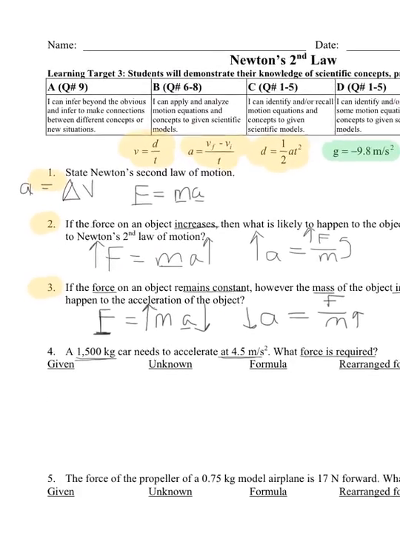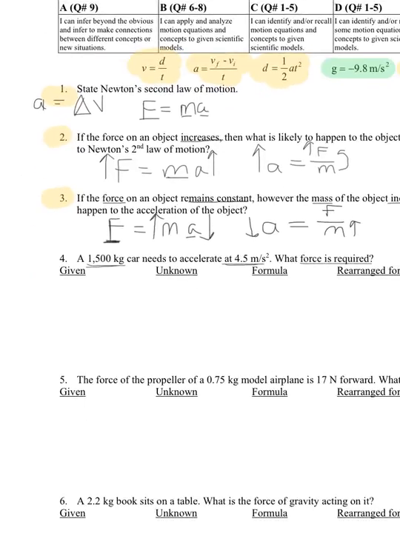All right, so again, if I have a mass, and my mass is 1,500 kilograms, I know that I need to have an acceleration of 4.5 meters per second squared, and I know I'm looking for a force.